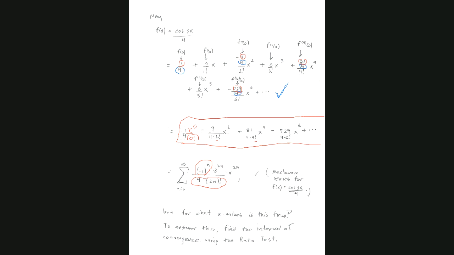So we have an x to the 0th power, and then the next term has x squared. The third term has an x to the 4th. The 4th term has an x to the 6th. Those appear to be even powers of x. Hence, I'll use x to the 2nth power.